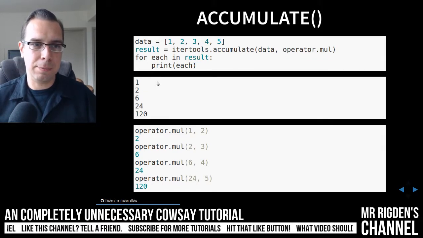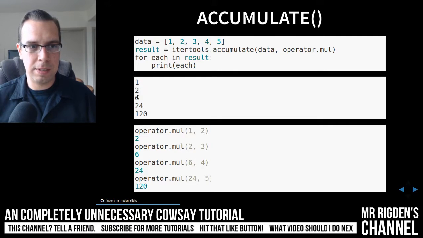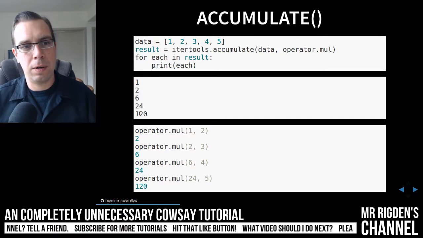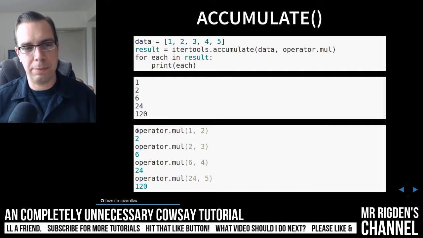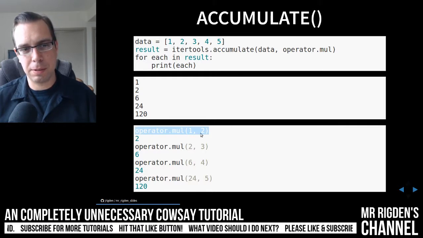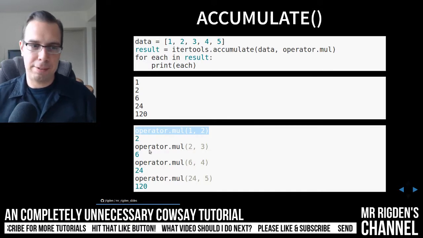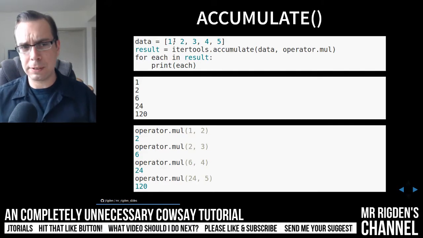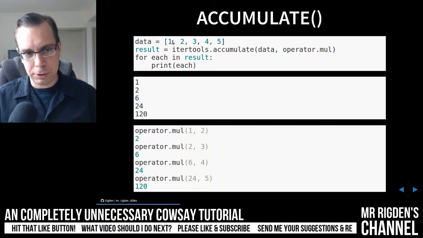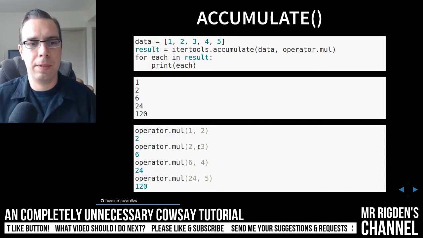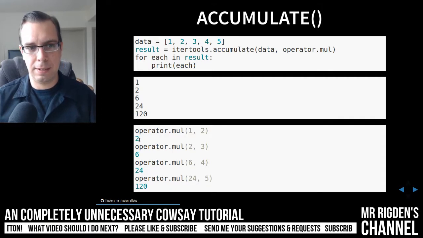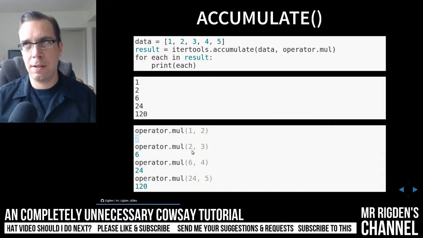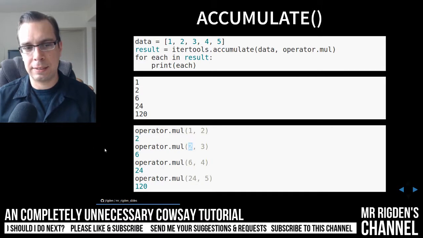All right, so we're going to get 1, 2, 6, 24, 120. Here we can see that if you actually put those in operator.mul, that gives you the numbers you would like. It starts off with 1. And then it's going to use the result from the previous answer as an argument in the next run of the function.